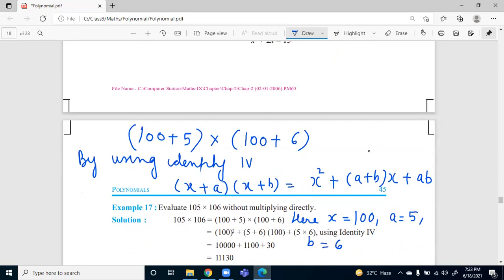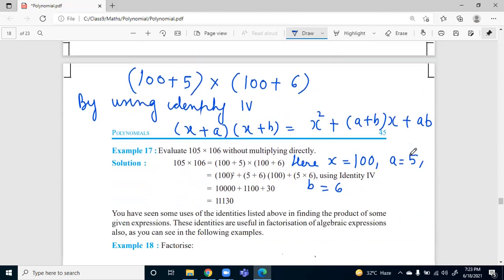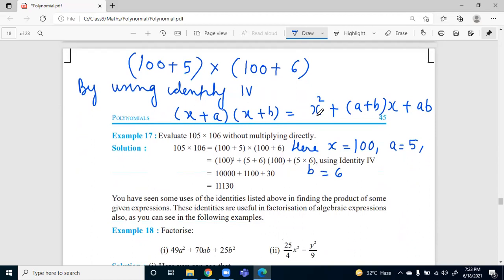Very good. So now I need to substitute each and every value. In place of X square, I substitute 100 square plus (5 plus 6) into 100 plus 5 into 6.